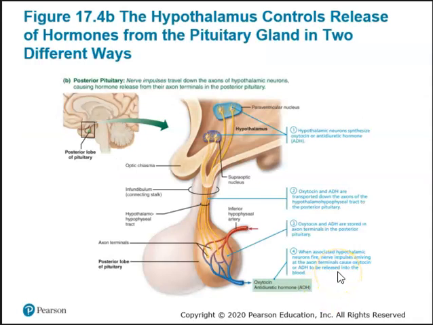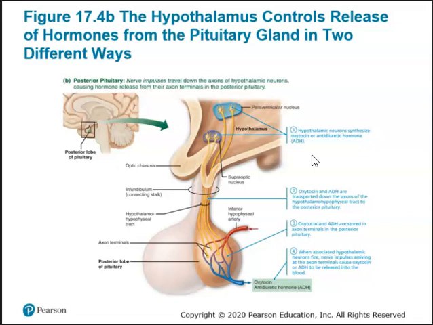So here we see the posterior pituitary gland. Nerve impulses will travel down the axons of the hypothalamic neurons, causing hormone release from their axon terminals in the posterior pituitary. So we see that our hypothalamic neurons will synthesize oxytocin or vasopressin, also known as antidiuretic hormone or ADH.